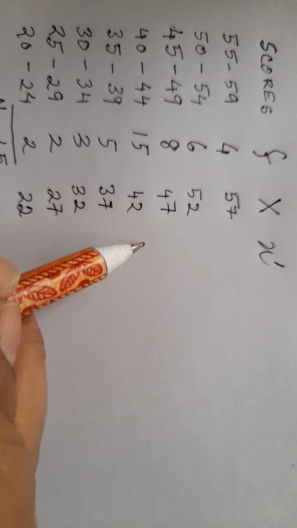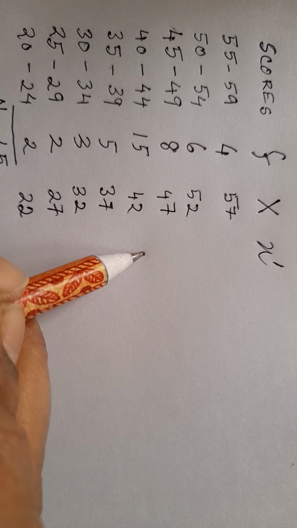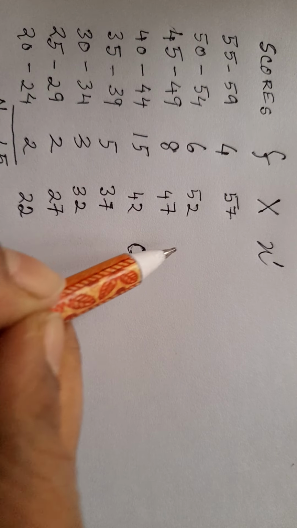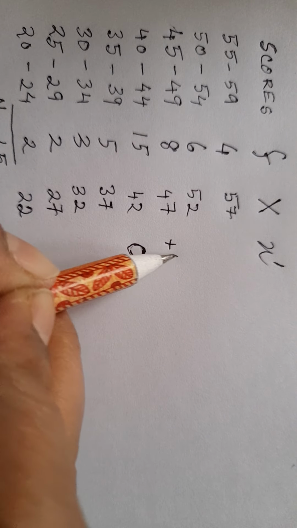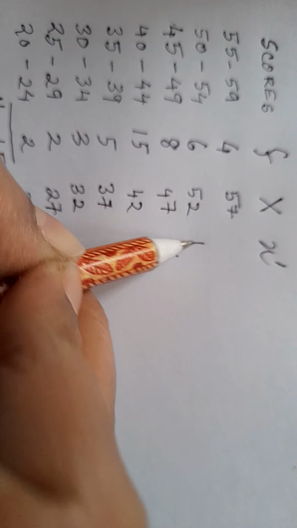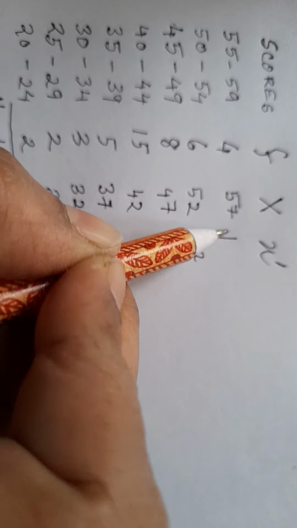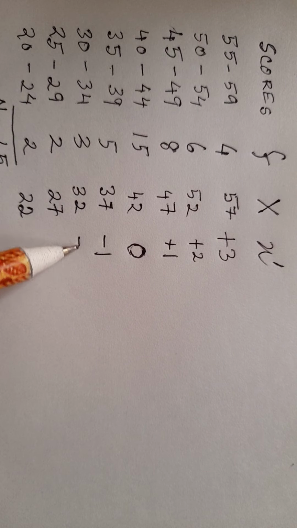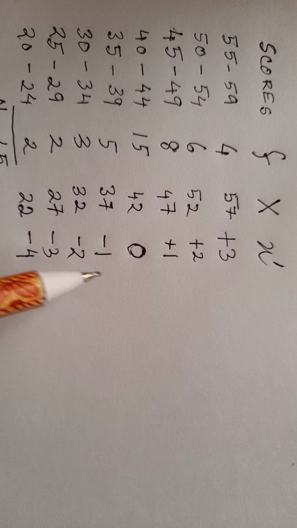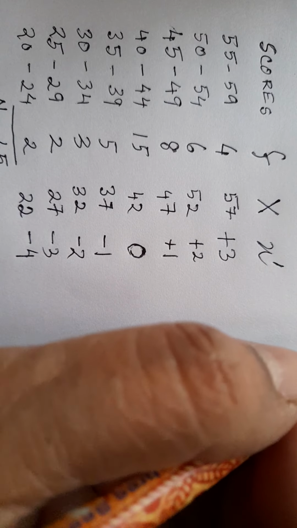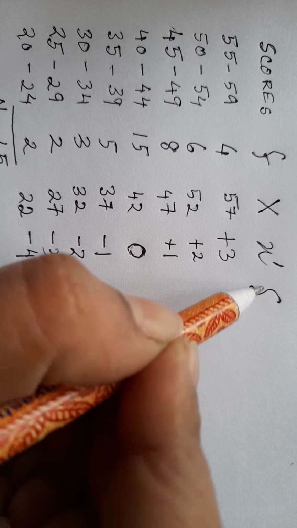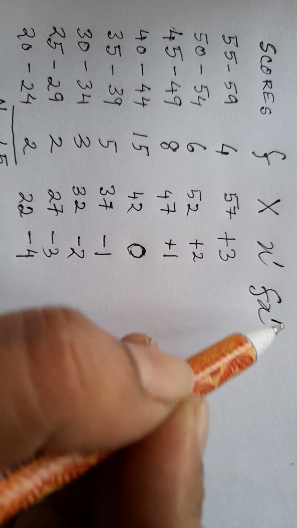Accordingly, at the highest frequency we will put a 0 and plus 1, plus 2, plus 3, and below minus 1, minus 2, minus 3, minus 4. Next we will go to the next column, f x dash.